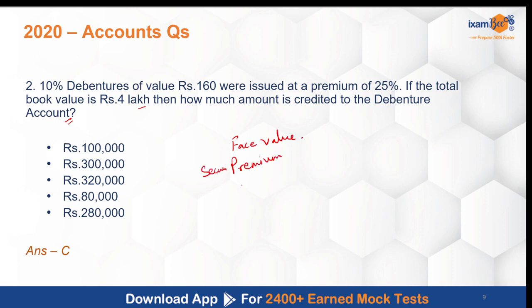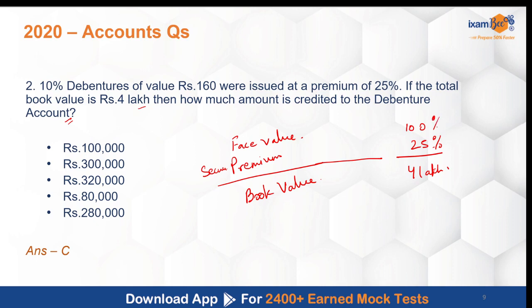These two add up to make the entire book value of the security, right? So we know that, say for example, this is 100, this is 25, right, and the book value is 4 lakh. Now this is a percentage, right?